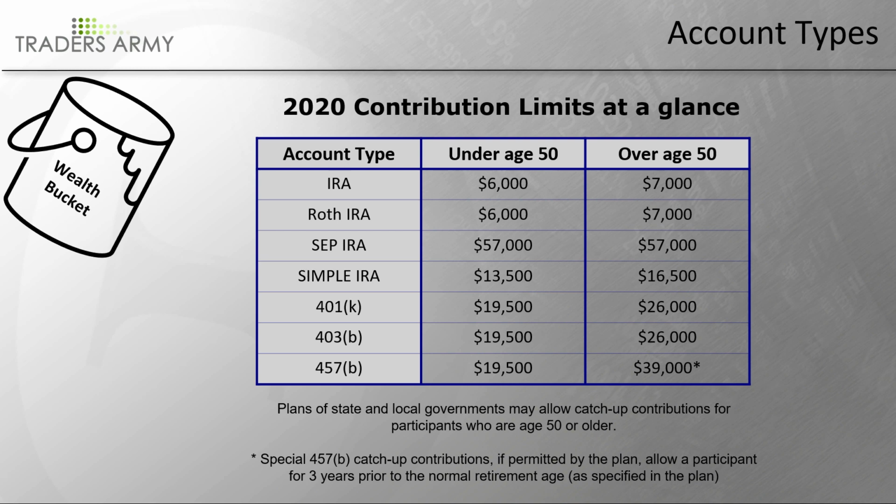Simple IRA has a limit of $13,500 if you're under age 50, $16,500 if you're over age 50, and then the 401k, 403b, and 457, those both have a $19,500 limit if you are under age 50. Now, if you are over age 50, that 457b will allow you to go up to $39,000. And so it's got a little bit more than the $26,000 of the 401k and the 403b.